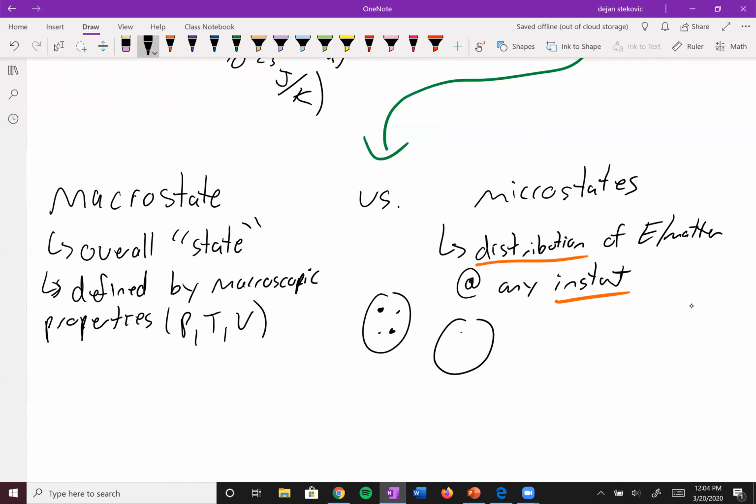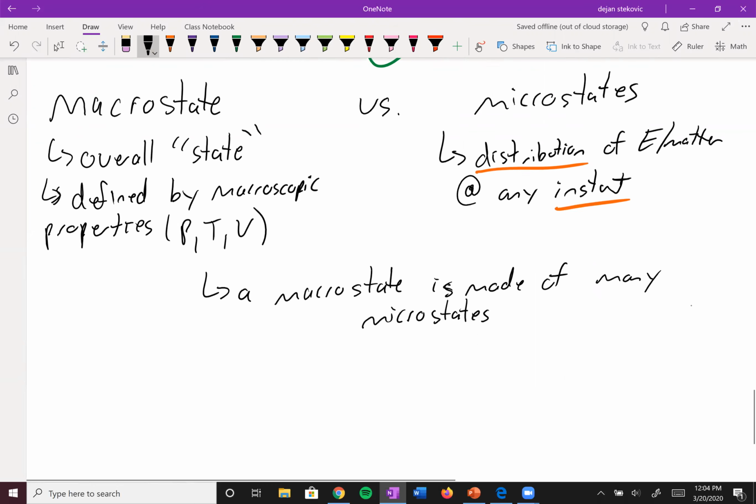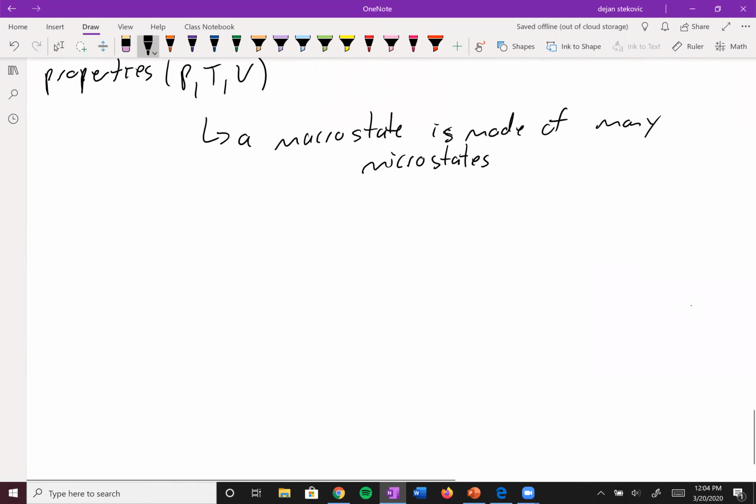That's one microstate. Maybe in a different microstate, they're kind of over here, but the pressure is the same. And so overall, the macro state is made up of many microstates. And we'll take a look at exactly what that means right now.